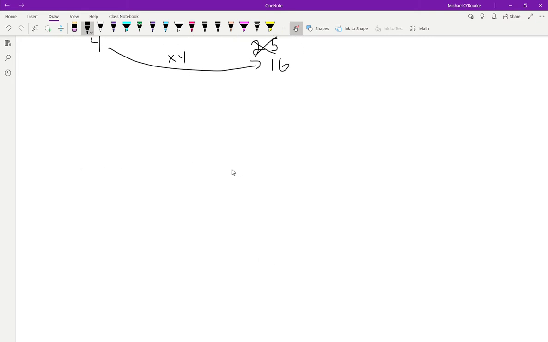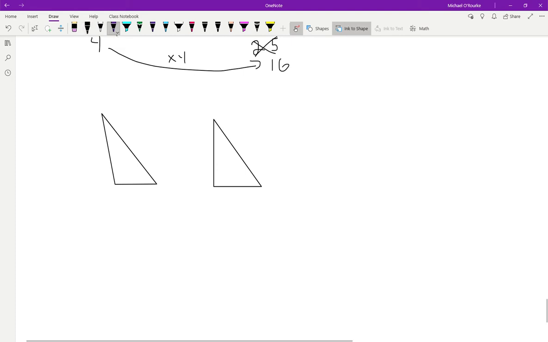Yeah, different number. So let's pretend I draw these triangles that are going to look the same. They aren't. But we're going to pretend they look the same. Tell me if these... Oh, let's go back and make that bigger.